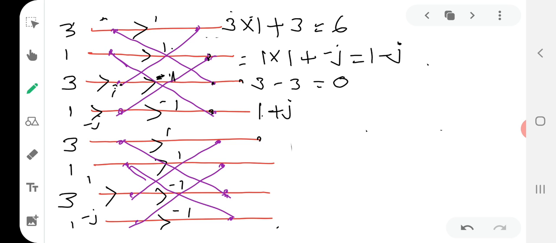And at this point, what are the points coming here? Here 1 is from here, 3 into 1, that is 3, plus 1 is from here, that is 3 into 1, that is 3, and we can write it as 6. Okay, and then next at this point, what are the points coming? 1 is 1 into minus j, that is minus j.